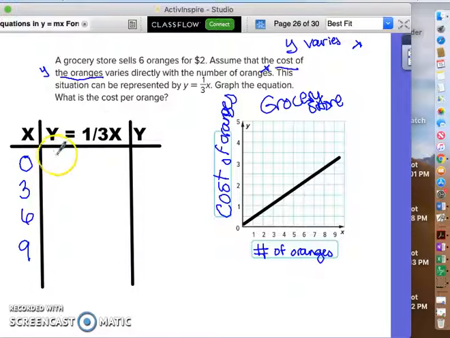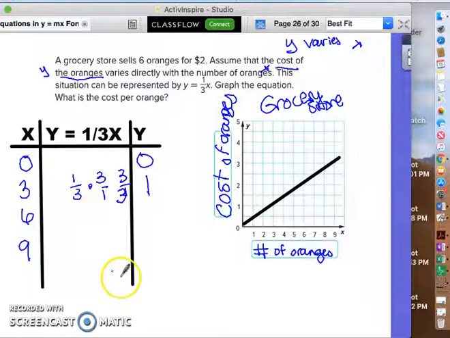So for 0, y equals 1/3 x, so 1/3 times 0 is just 0. Okay, 1/3 times 3. So 1 times 3 on top, 3 times 1 on the bottom. Oh, so 3 divided by 3 is 1. So I'm going to go over to 3 and up to 1, and I should be right there.